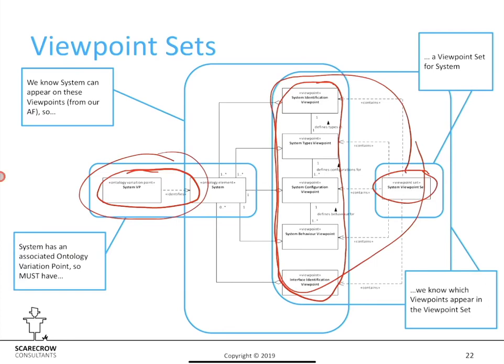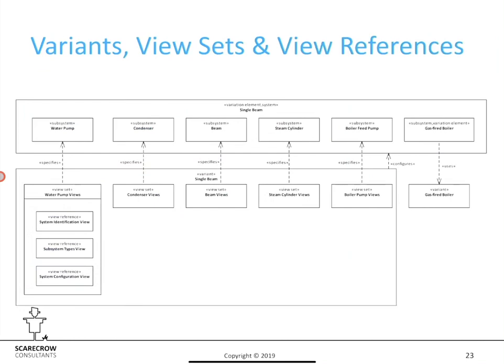And then to finish off, those viewpoint sets are then used as part of the functionality to extract information from the model. And this is where users have to do some work themselves.